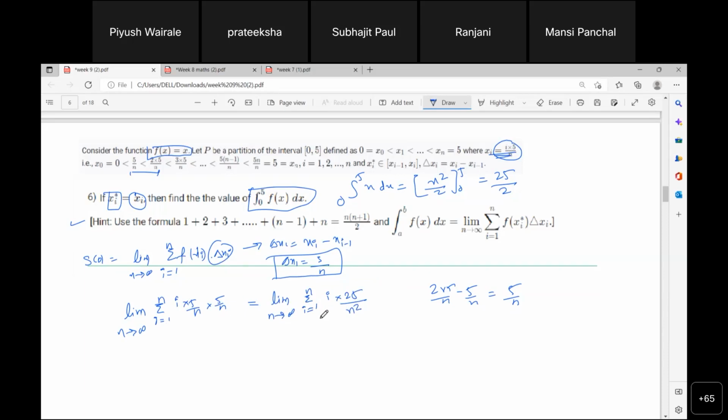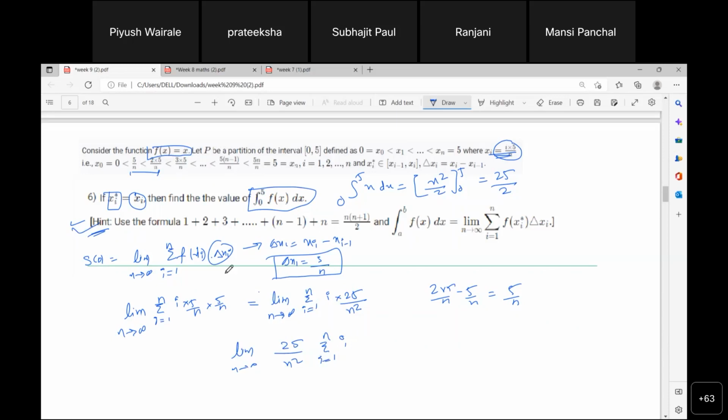Now tell me how to solve this particular limit. A hint is given to you. I can take the constant outside, so it is 25 by n square times the limit as n tends to infinity of the summation of i from 1 to n.